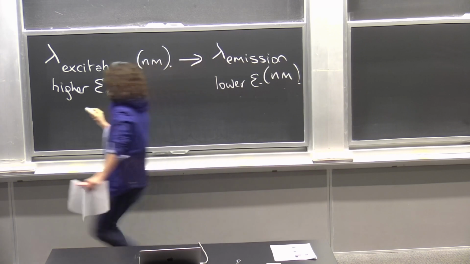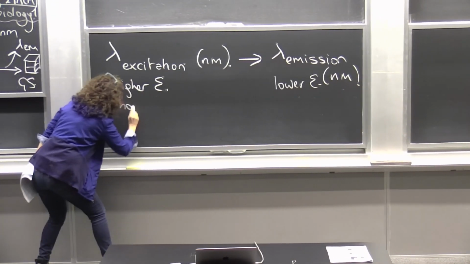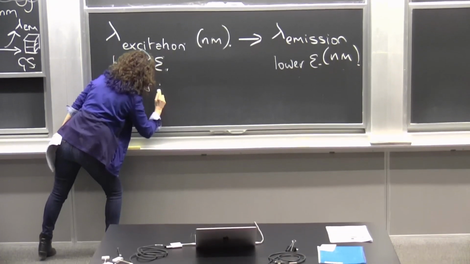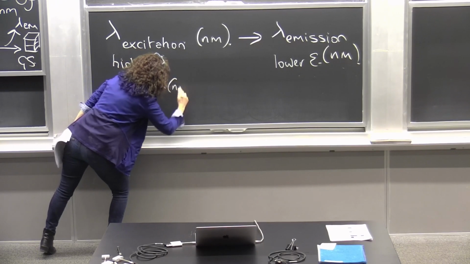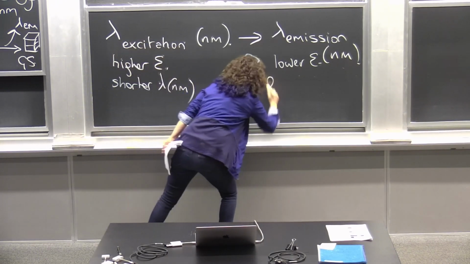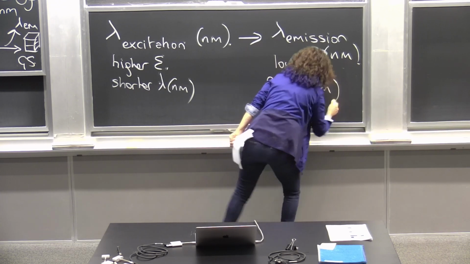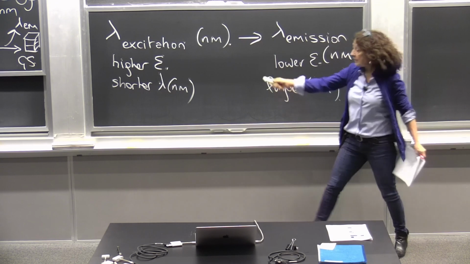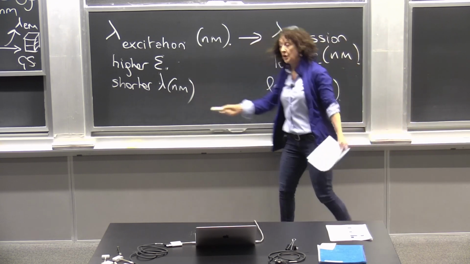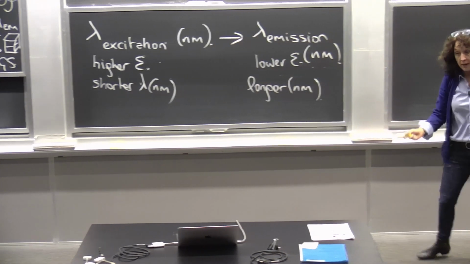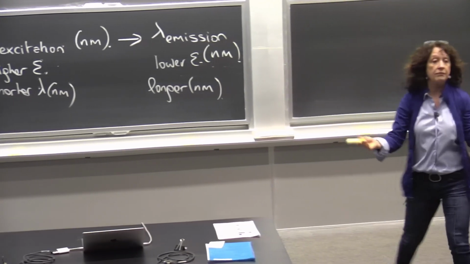And so this is a shorter wavelength, in nanometers, and this is at a longer wavelength. Okay, so remember, higher energy, shorter wavelengths, lower energy, longer wavelengths, and that is a rule for fluorescence.